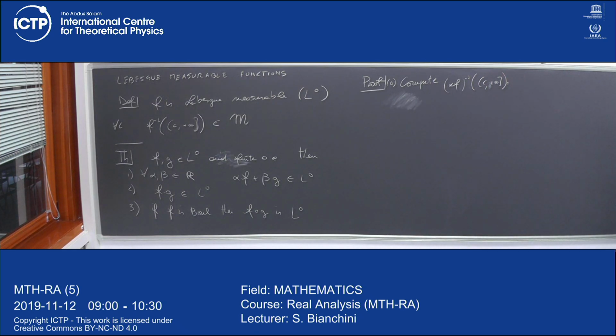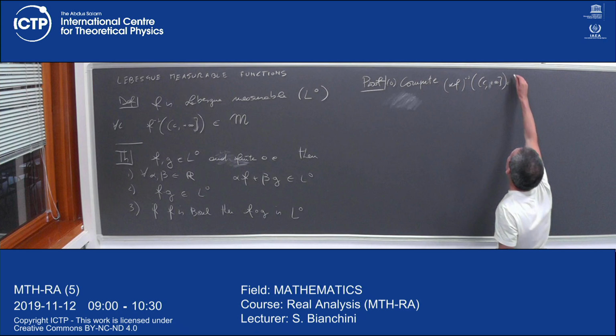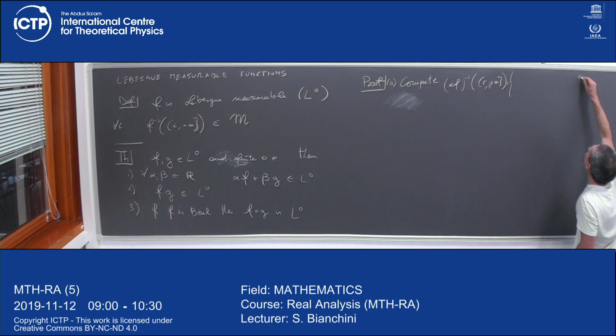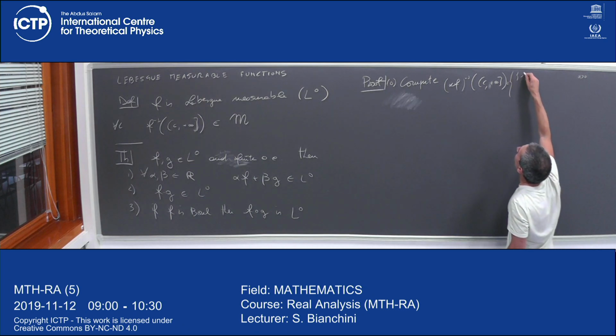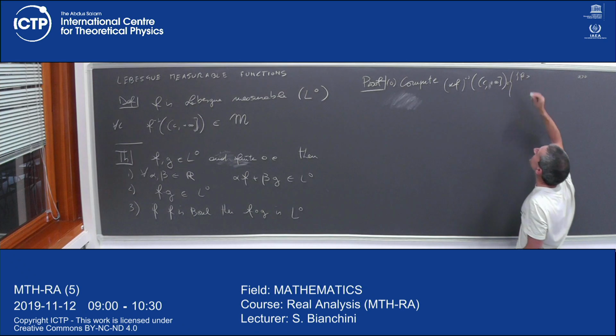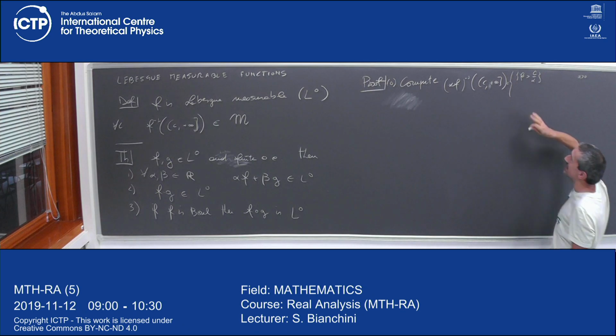This is easy, no? Which are the points x such that alpha f is greater than c? Let's say alpha positive, for example. If alpha is greater than 0, then in this case it is the set where f is larger than c over alpha.